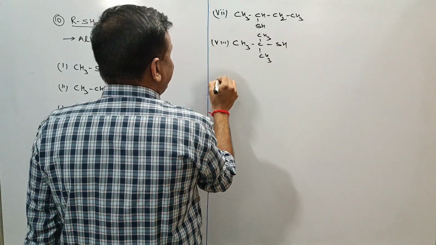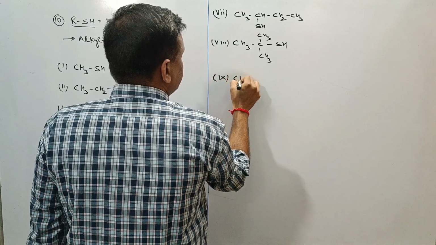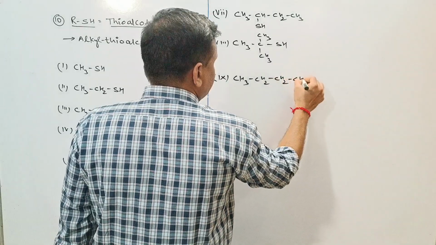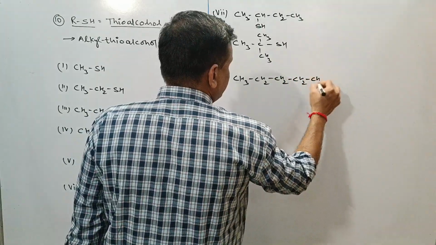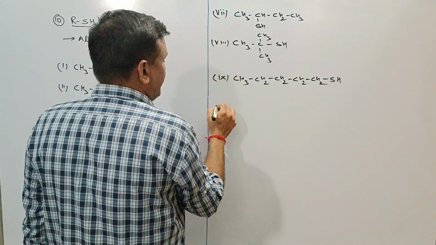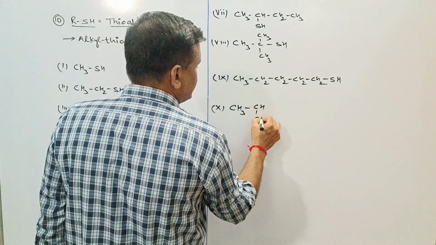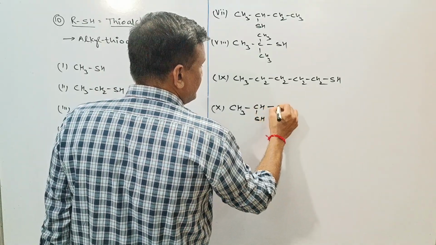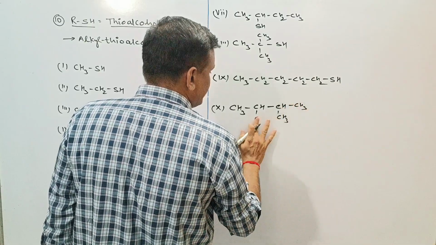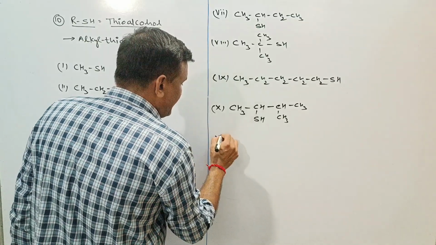The 9th compound is CH3CH2CH2CH2CH2SH. The 10th compound is CH3, CH, SH, CHCH3 and CH3 with SH. Now I would like to go with the 11th compound.